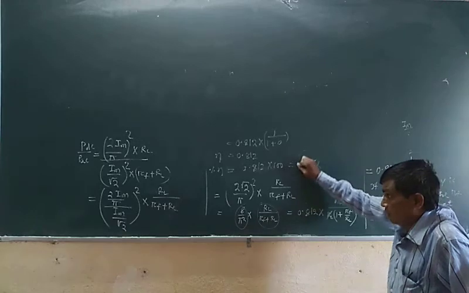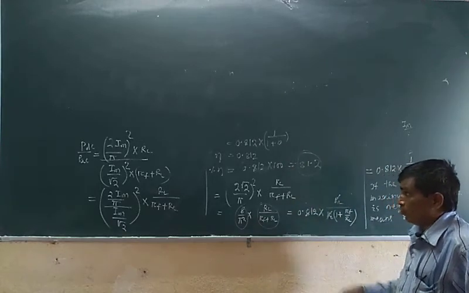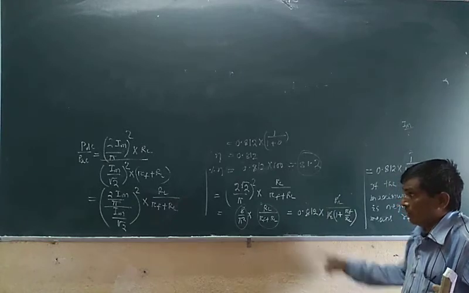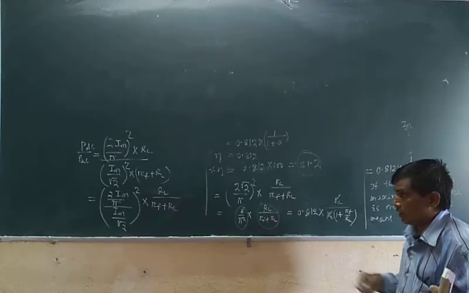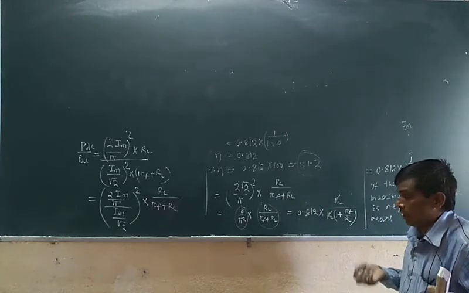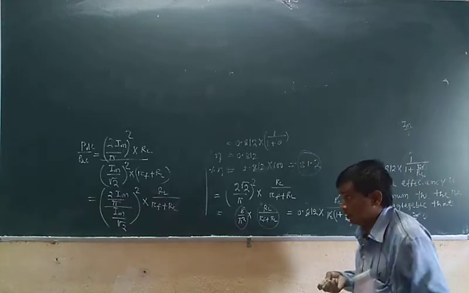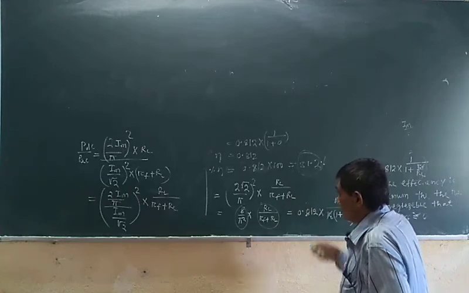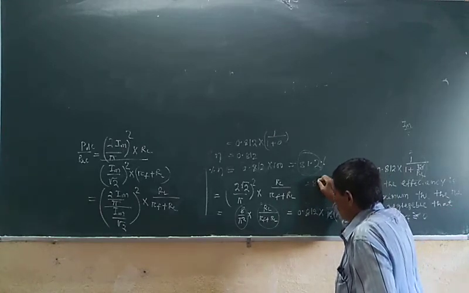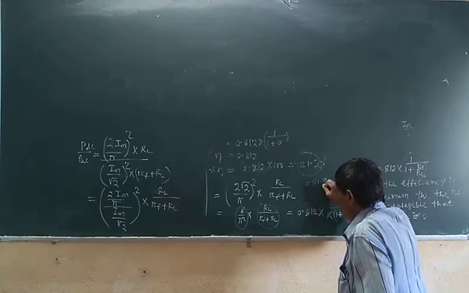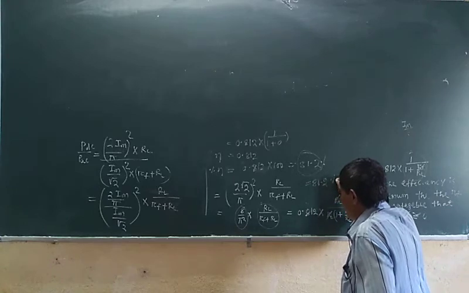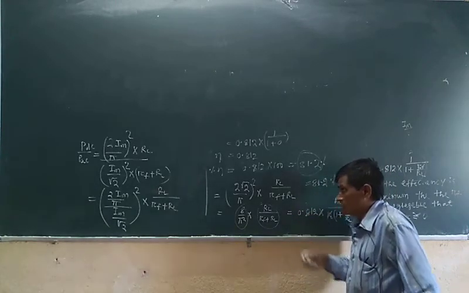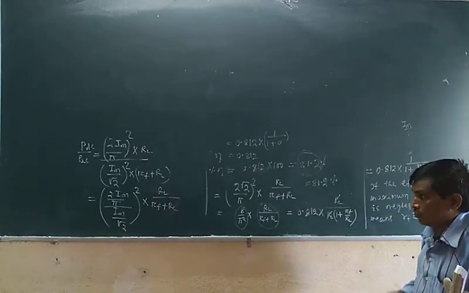So the efficiency of a full wave rectifier is 81.2 percent. That means we can get 81.2 percent of the input power as DC at the rectifier output.